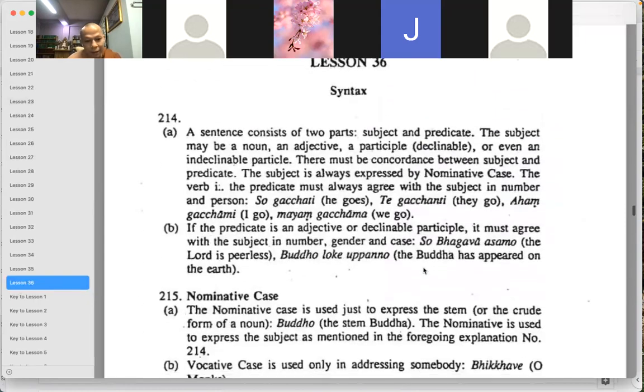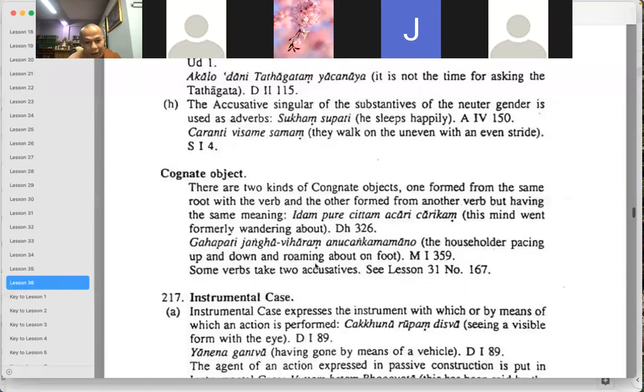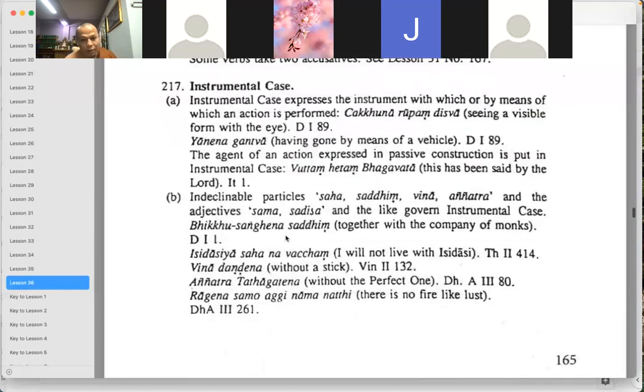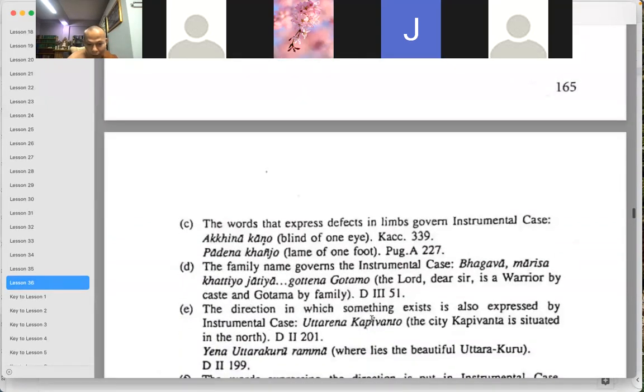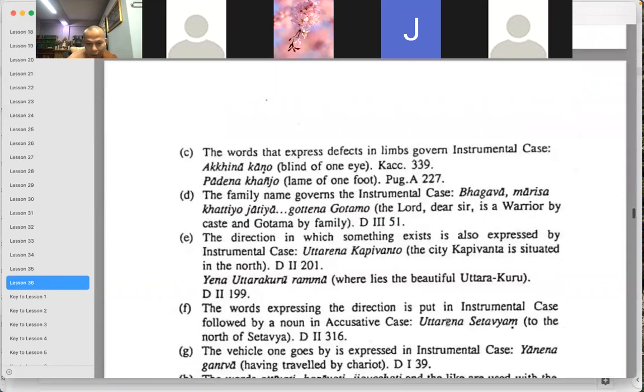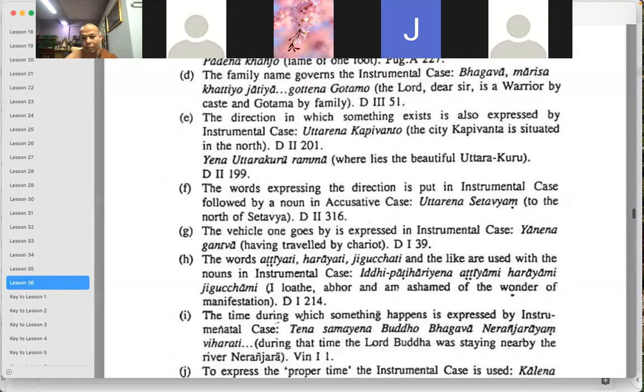Yeah, syntax. And also here nominative. Here instrumental. Under the instrumental there are some, like Yanina, Gandawa, and then Saha, Vina, Sadisa and so on; family, direct object, vehicle. So some special phrases, some verbs, even though in English we may say I plant a seed, or I plant a mango tree.